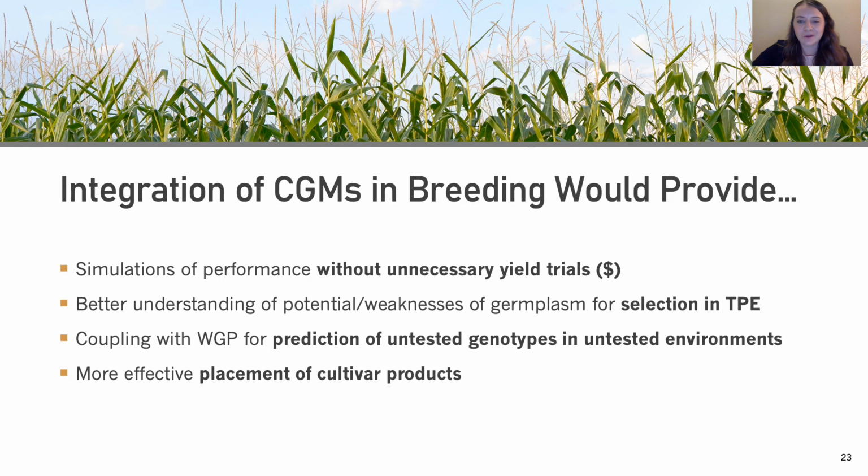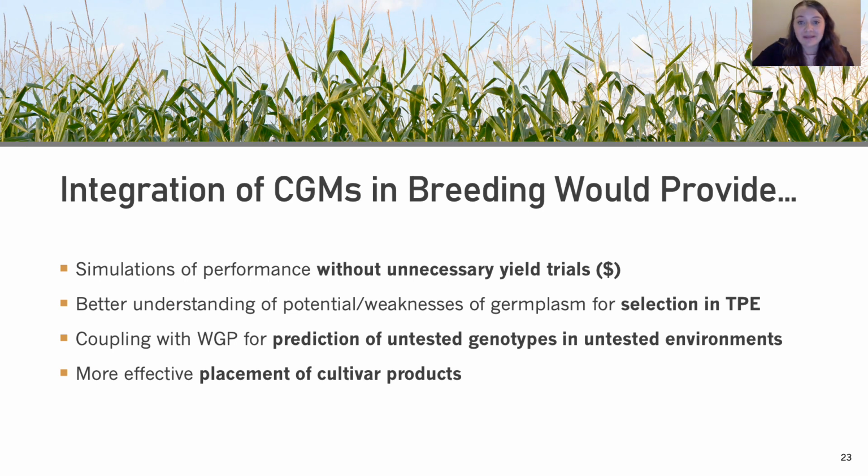Just to conclude, I like to always end with the big picture when it comes to crop growth modeling. Ultimately, integration of crop growth models in plant breeding could allow for simulating the performance of material without unnecessary yield trials, and a better understanding of your material or your hybrids in terms of potentials and weaknesses for selection. And of course, there's the holy grail, which would be coupling of crop growth models and whole genome prediction.